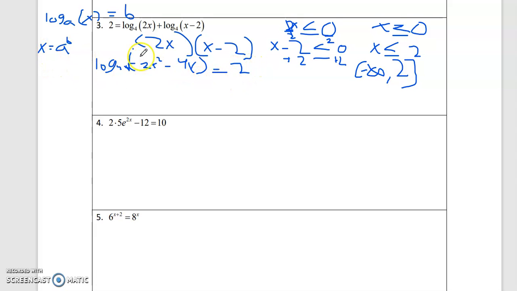So we know that a equals 4, and b was equal to 2, and this side is negative 2x squared minus 4x.